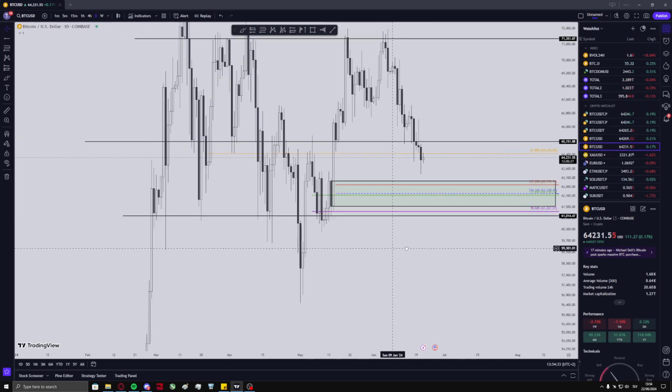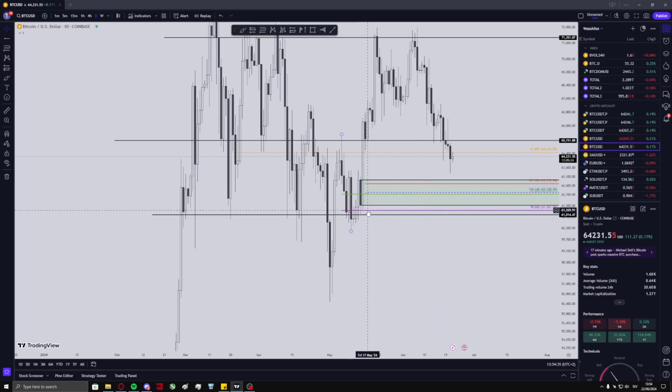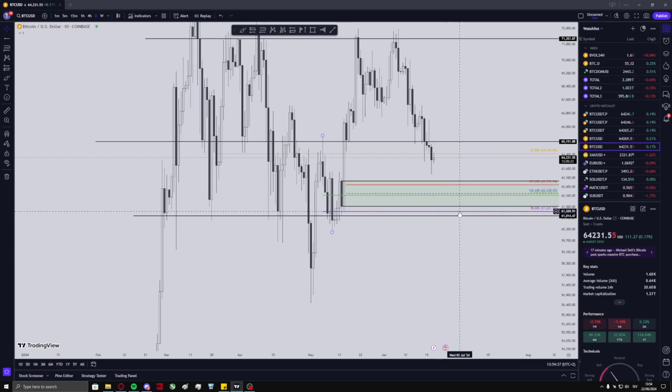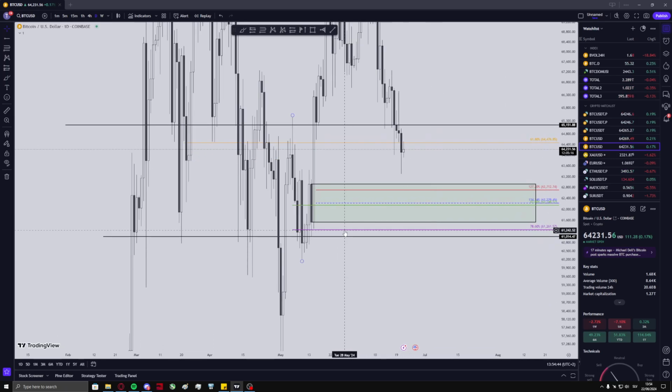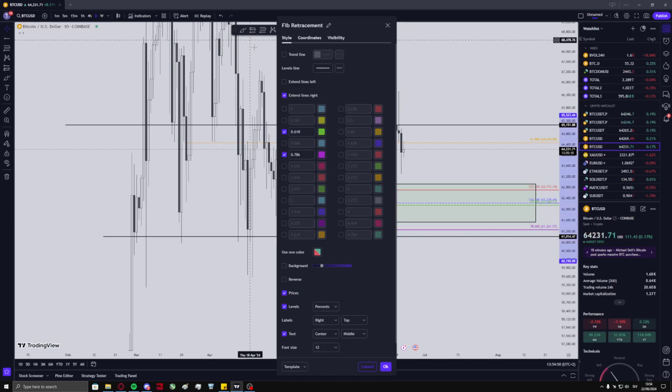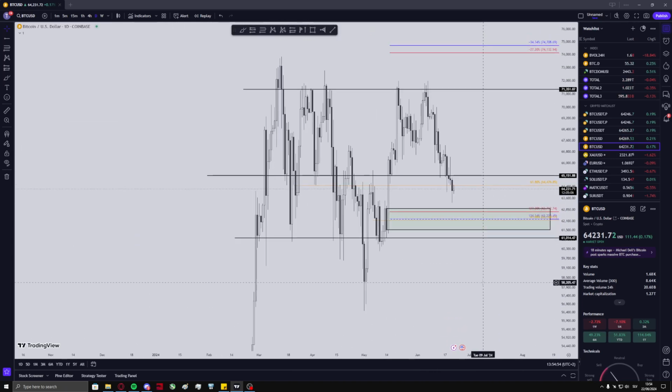Okay. So what I usually do is have my stop loss just below the 786 or somewhere around it, because I found that if an order block does bounce, it won't even reach the 786. That's just from my own testing, and you can test this yourself if you want, and I suggest you do.